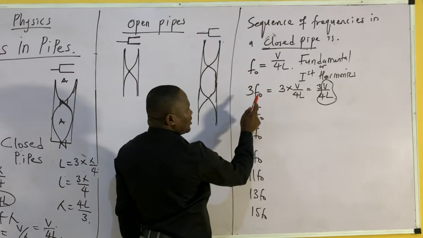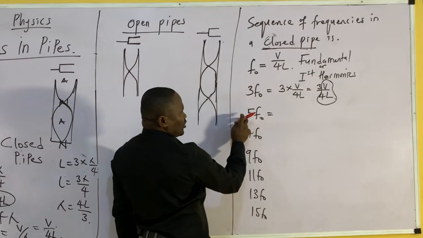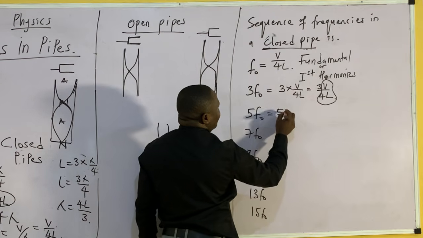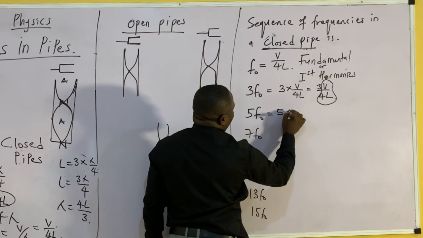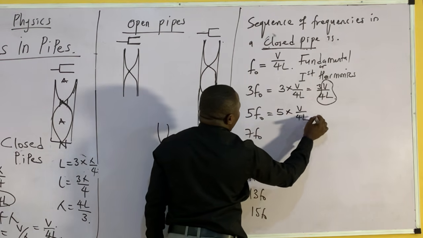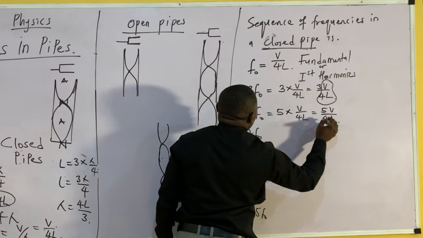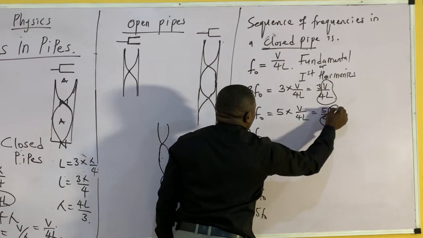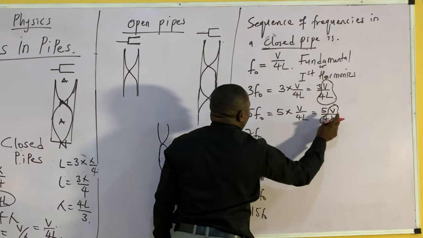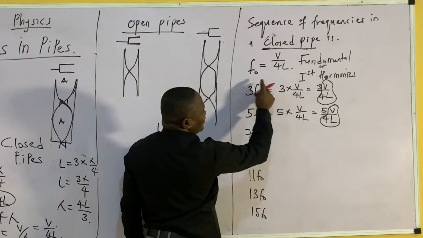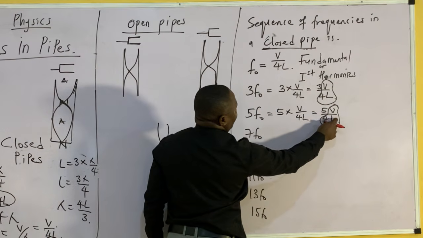So this is the second. Now, the third will just be 5 times V over 4L, which is 5V over 4L. V over 4L is F naught again, so that's why we call it 5F naught.